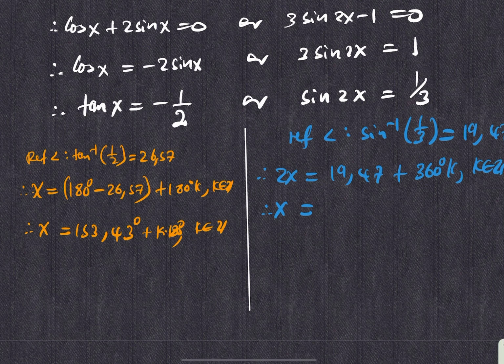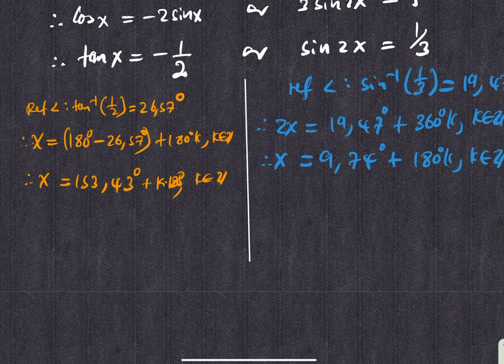Therefore, x is going to equal, you divide this by 2, you get 9.74 degrees. These are in degrees, so don't forget to write your degrees there. Plus, you divide this by 2, that is 180 degrees k, where k is an element of integers.